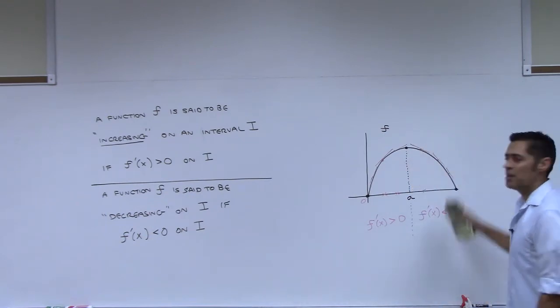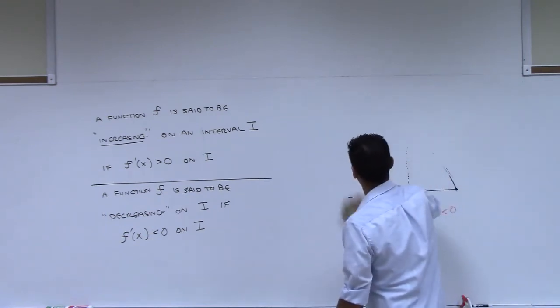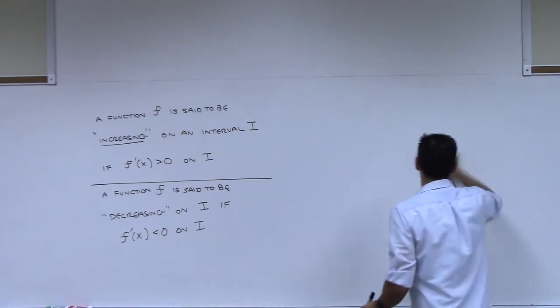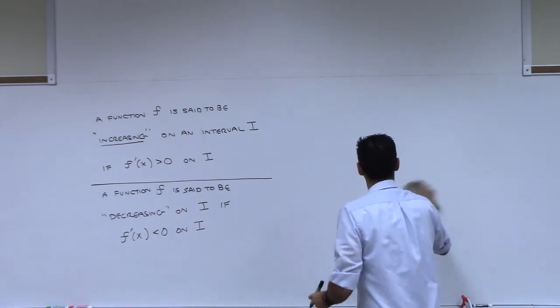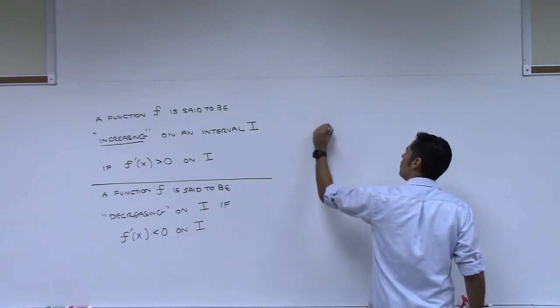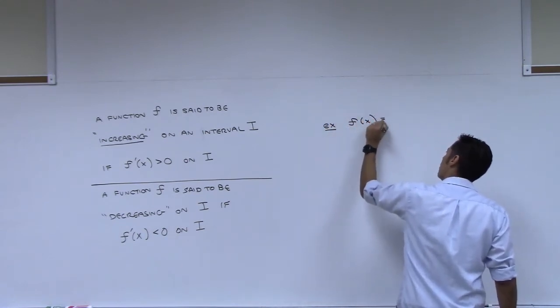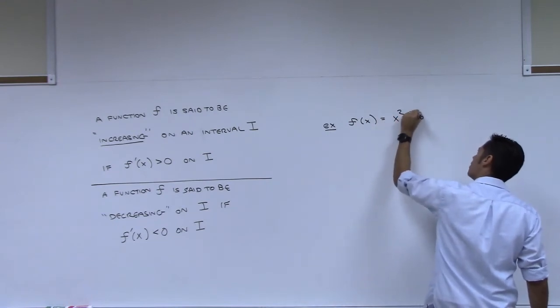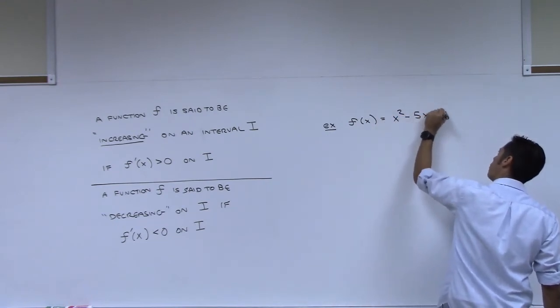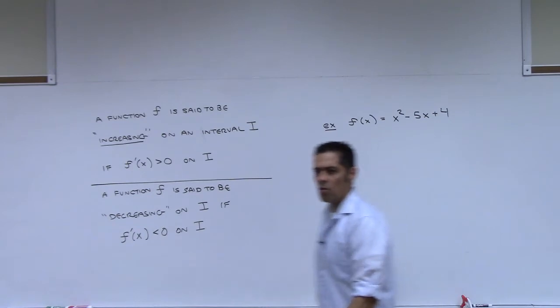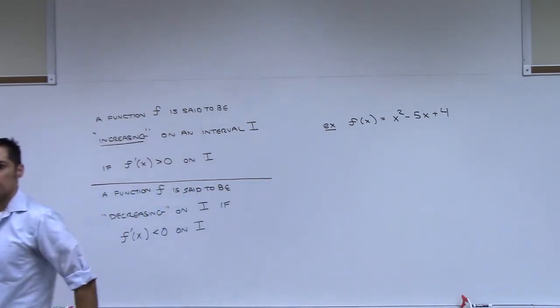All right, let's do an example. So as an example, let's look at the function f of x equals x squared minus 5x plus 4. That's your standard old quadratic function, isn't it?